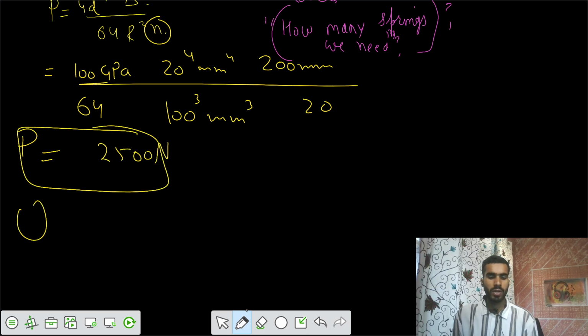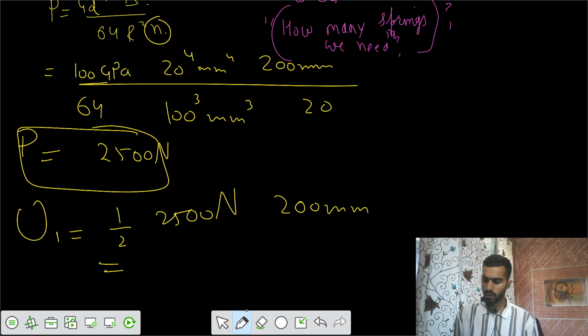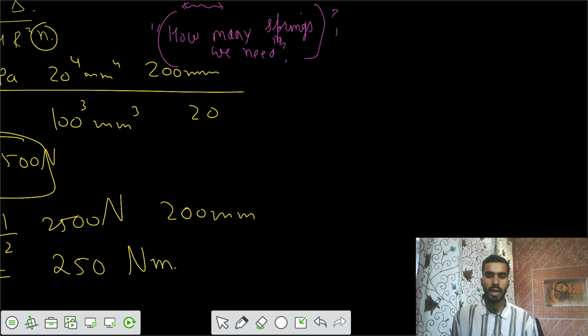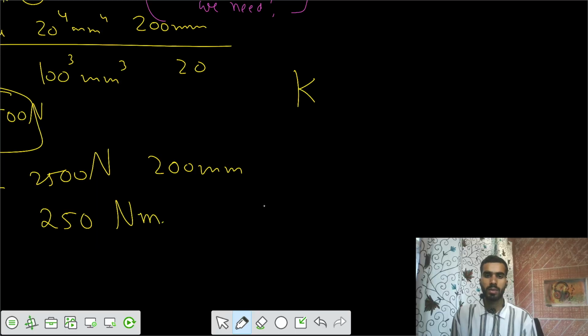I can write that strain energy stored in one spring equals 1 by 2 P into delta. So I can get the energy equal to, let's say, 250 Newton meter. So I'm going to balance those. Total kinetic energy is balanced by the strain energy stored in those springs.